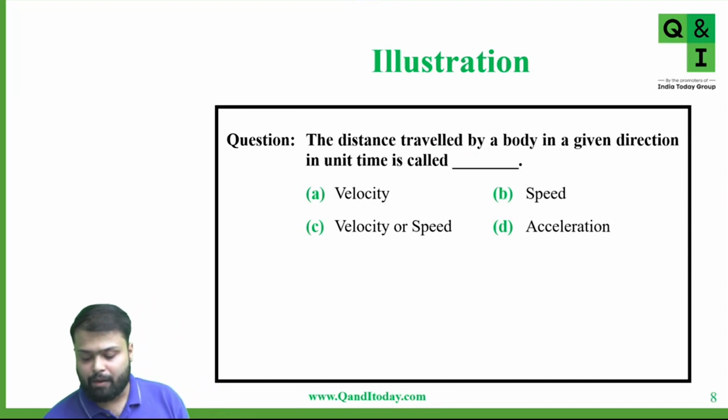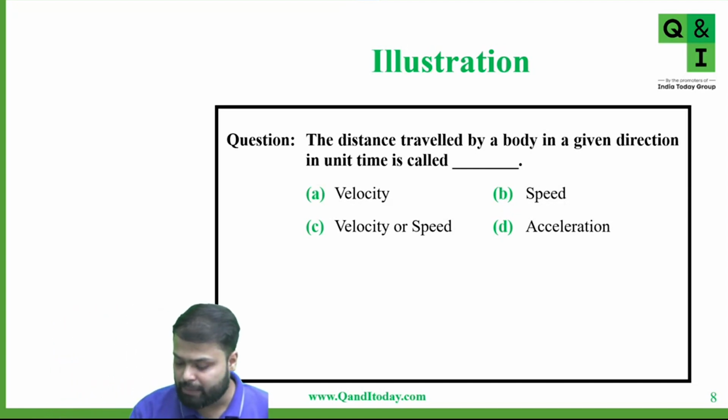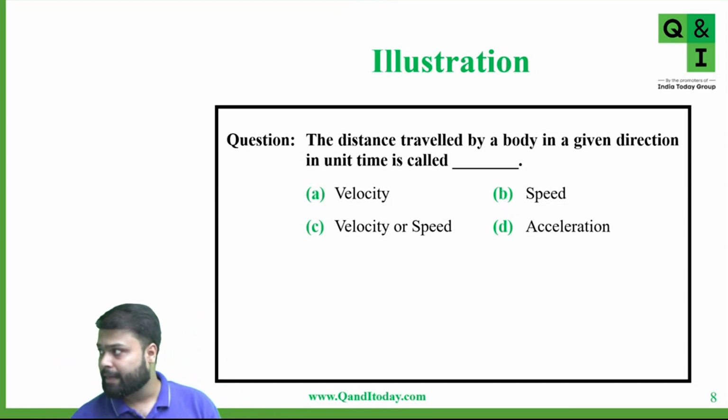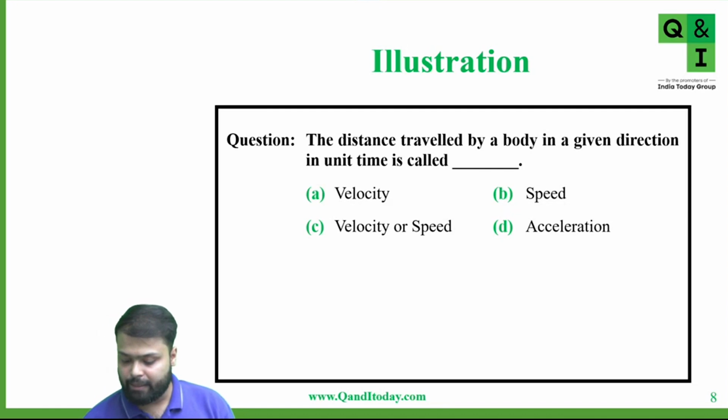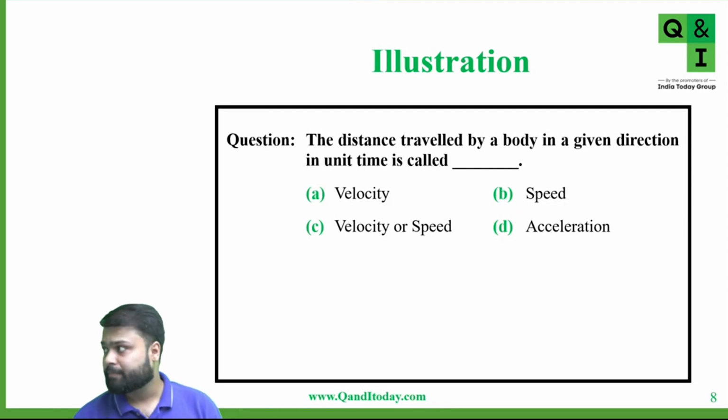Now, second question. The distance traveled by a body in a given direction in unit time is called: velocity, speed, velocity or speed, D, acceleration. Tell me. Distance traveled by a body in a given direction in unit time. Okay. A. Any other answer?